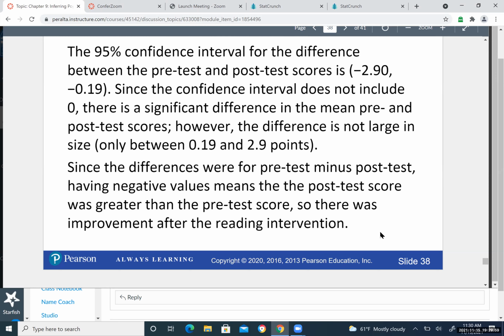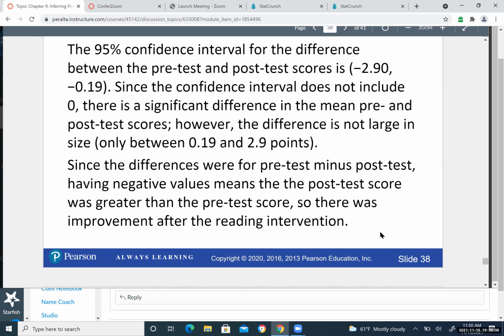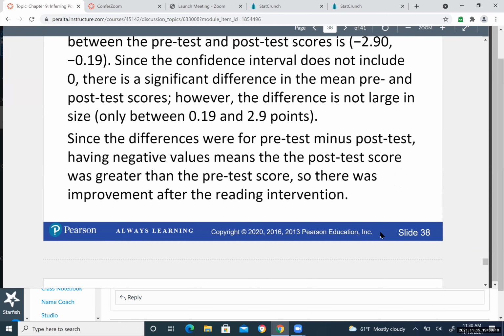However, the difference is not large in size, which is between 0.19 and 2.9 points. Since the difference was pre-test minus post-test and has a negative value, it means the post-test score was greater than the pre-test score. Agree? So there was improvement after the reading intervention.